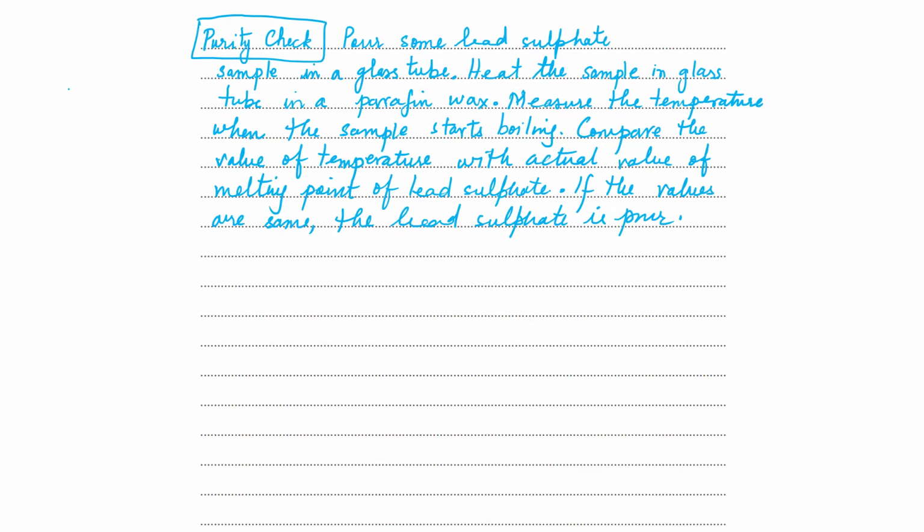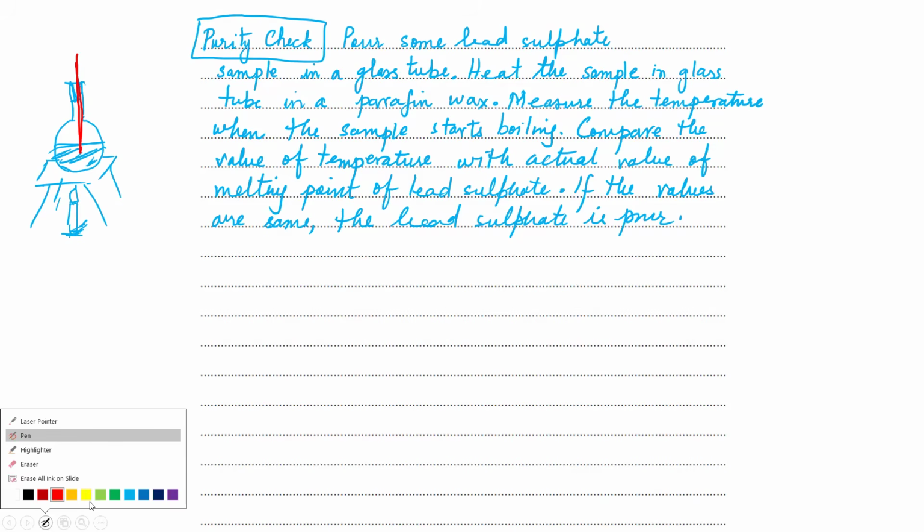So if you have to draw the equipment, it's a conical flask that contains paraffin wax that is placed on a stand, and there is a burner beneath it. This is a Bunsen burner. This is sealed from the top, and we have the thermometer. This is your thermometer that is measuring it, and we have the glass rod.